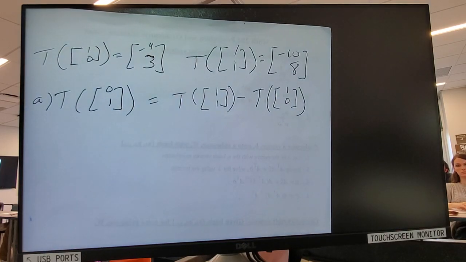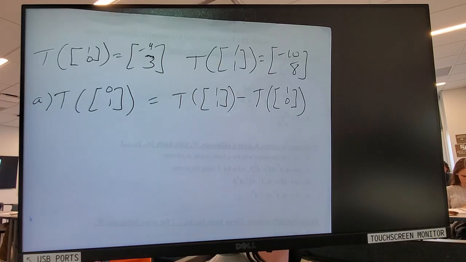Since it's linear, I can go straight to this. Because (0, 1) is equal to (1, 1) minus (1, 0). If that's inside a T, it can come back out like a linear. I can do T of each piece. Are you guys at all with me? Is that okay? I'm applying what I did tell you about very directly. So I know at least one of you guys pieced together how to do this problem.